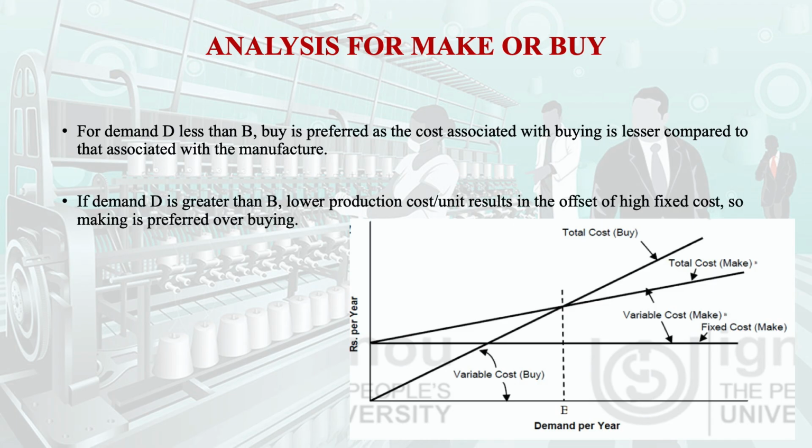If the demand D is less than B, then buying is preferred, because the cost associated with buying is lesser than the cost of manufacturing. But if demand is more and B is at a lower position, then the lower cost of producing the item will offset the high fixed cost, and therefore making will be preferred over buying.